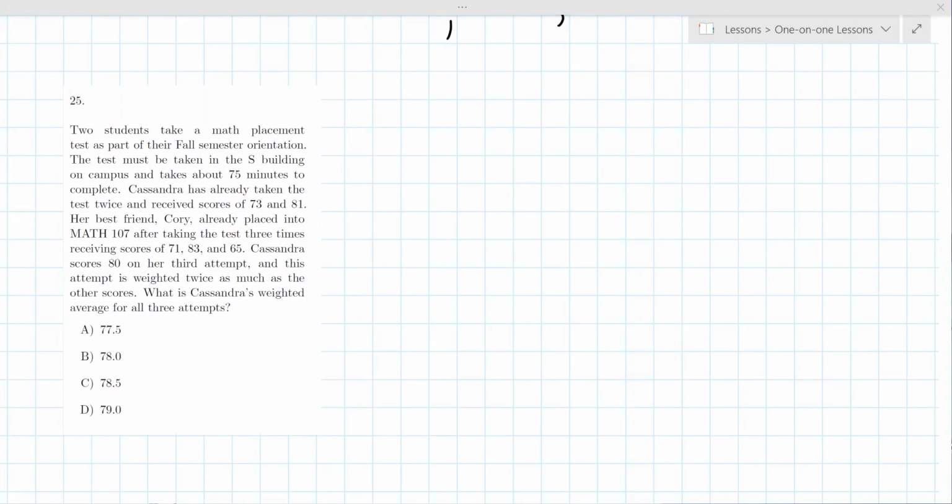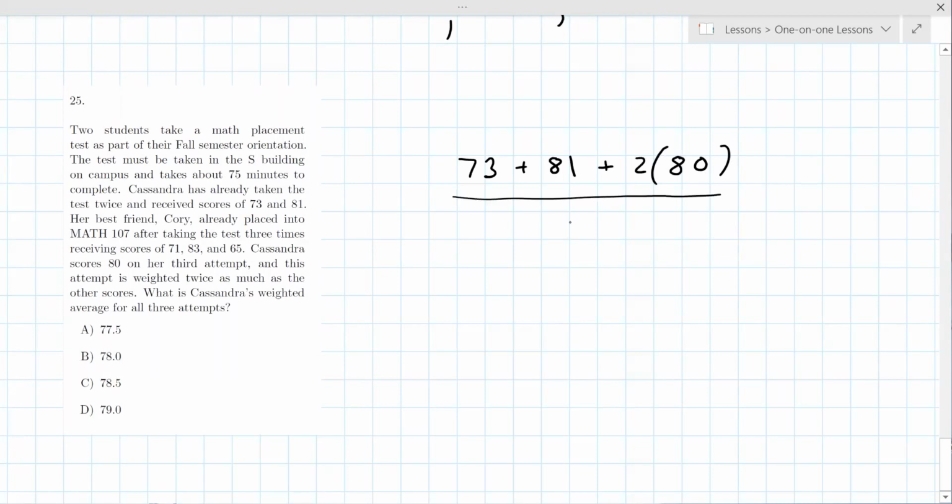Okay. So there's a couple of ways that you can do this. One way is to understand that her first scores are 73 and 81, and the last score is an 80, but it's weighted twice as much as the other two.